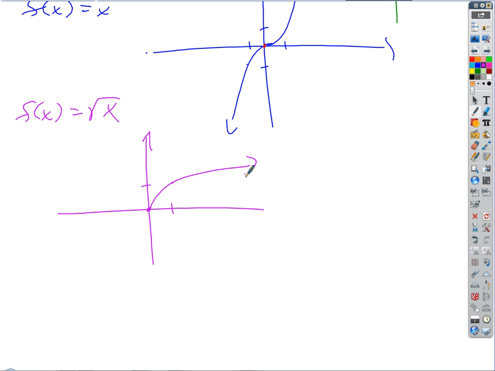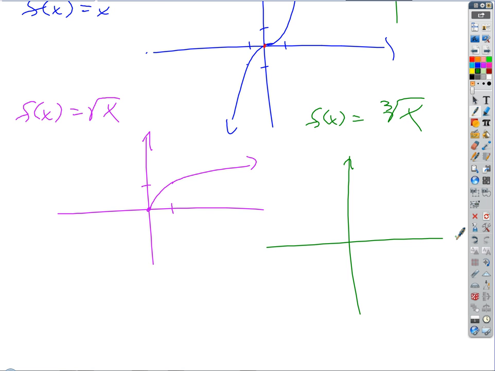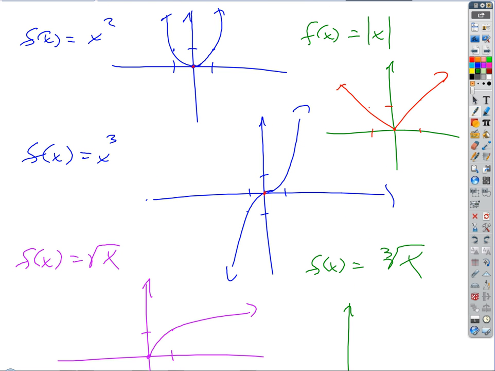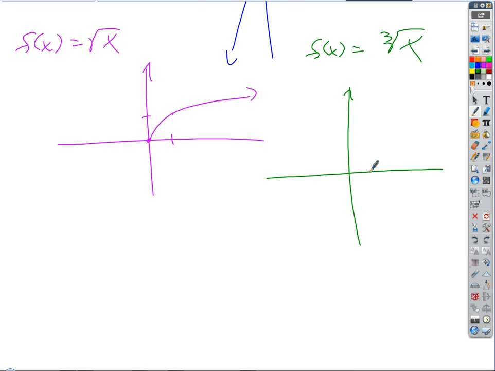And then the last one, cube root of x. Similar, but just like up here, it's going to go both directions, right? So it's one that's going to go over one and up one, but back one and down one, and so it's going to do that, right?